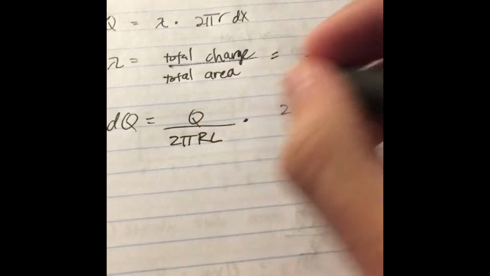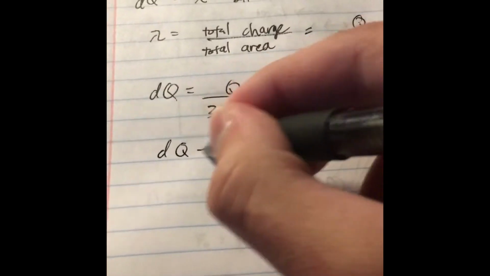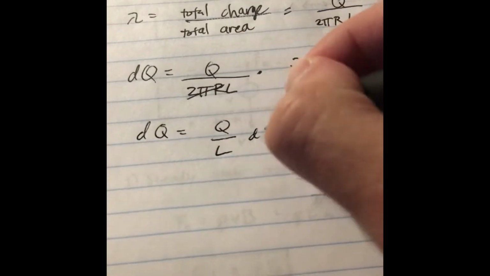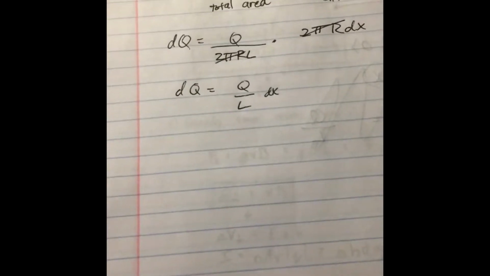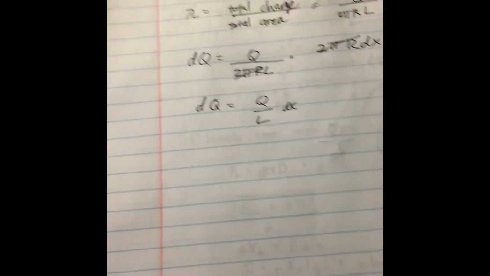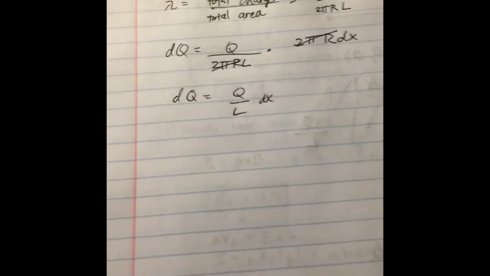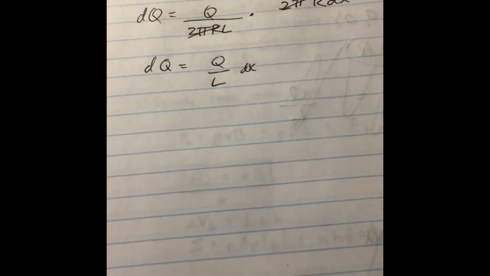So now we can reduce this: the 2 pi r's cancel out, and now you have dq equal to q over l dx. Next we want to write an expression for the electric field dE made by the ring at a location w, using your results from dq and the position vector.